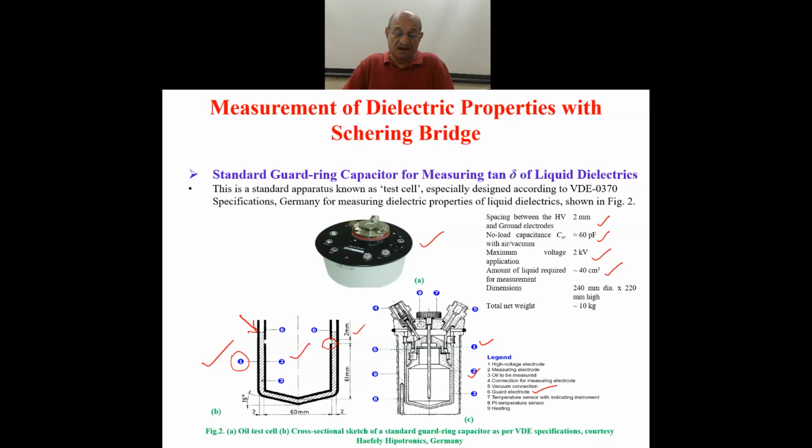So this is how the tan delta, insulation resistance, as well as relative permittivity of liquid dielectrics can be measured. So that tells the quality of the dielectric. There are specified values. If the measured values differ from there, that puts an alarm that you must do something with the oil to improve its quality.